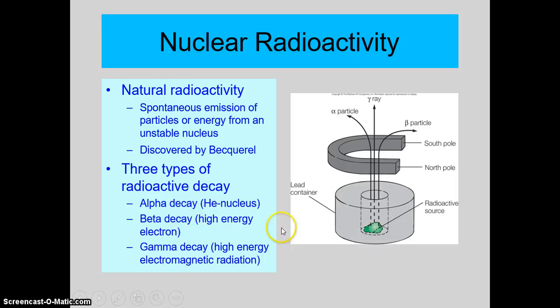When an electron comes from the nucleus, something profound has happened. And then these gamma decays are just high energy photons, the highest energy. If you remember chapter 7, gamma rays are the highest energy of them all in the electromagnetic spectrum. All right, so that was the original discovery of radioactivity.